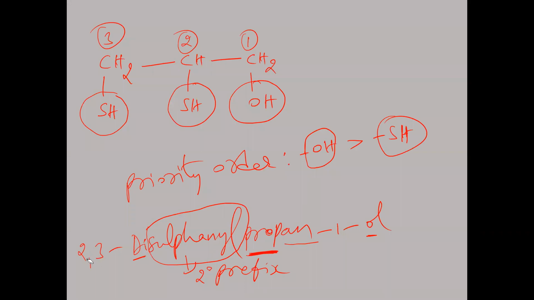So these are number prefixes, di is a numerical prefix, and sulfanyl is a secondary prefix. And whatever we write after the root word is called suffixes. An is the primary suffix. Ol is the secondary suffix. And what is one here? One is called a number suffix, because it comes after the root word.